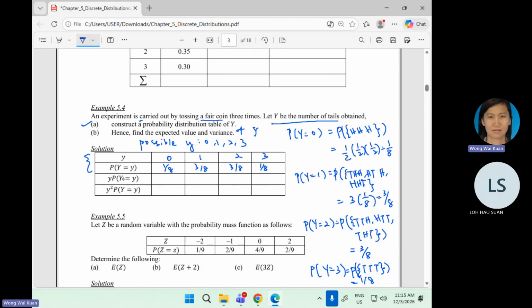Okay, so I want to find the expected value. I need to multiply Y with the probability of Y. When I multiply this, I have 0, then 3 over 8. Then 2 times this, I have 6 over 8. Then 3 times this is 3 over 8. Remember, E(Y) is the sum of y times the probability of Y equals y.